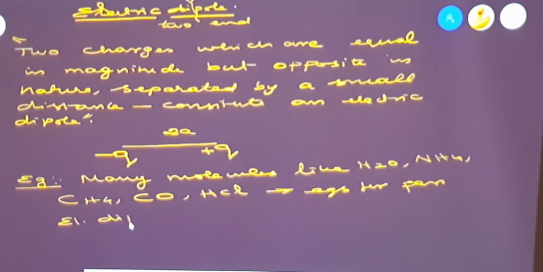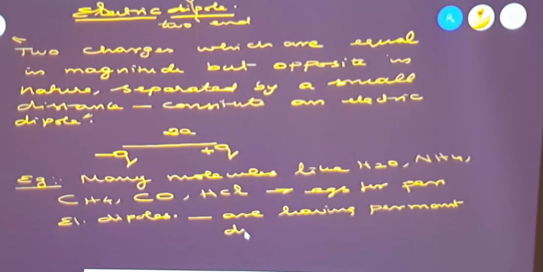These are considered to be examples of permanent electrical dipoles, and these permanent electrical dipoles have permanent dipole moment. What is that dipole moment? Let us see later. First of all, just consider the examples, and along with the examples consider this point, I will explain.